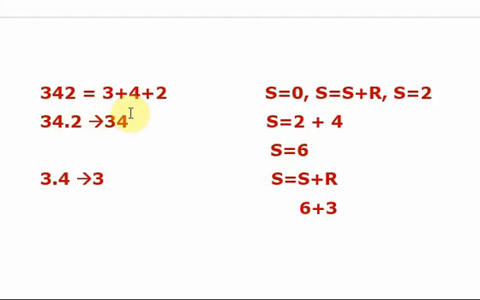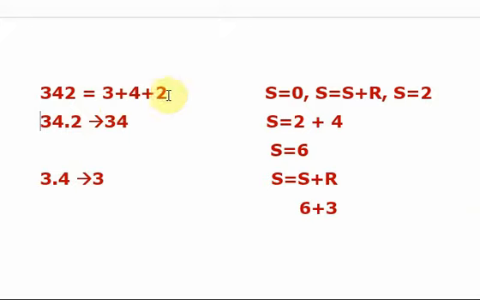Then we are again using the remainder command and take this 4 here. Now the value is 34. Now in the next round 34 is divided by 10, then this becomes 3.4. Then the floor command will ignore this and take only 3. Then finally it becomes 0.